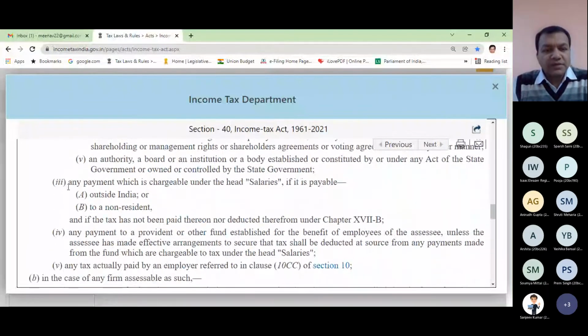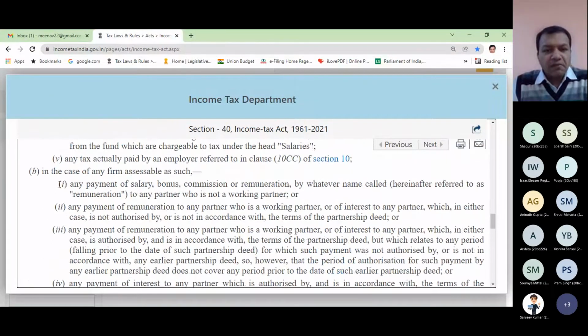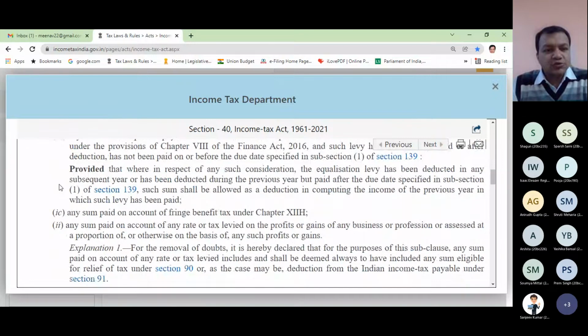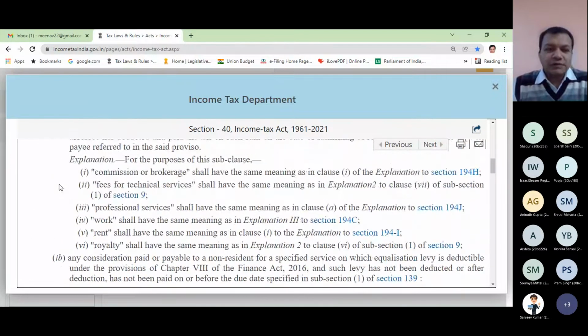All are not in our course. I will discuss only limited ones. Subclause 3 we have to do. That's it. Now I will discuss basically 2 or 3 subclauses of 40 clause A.